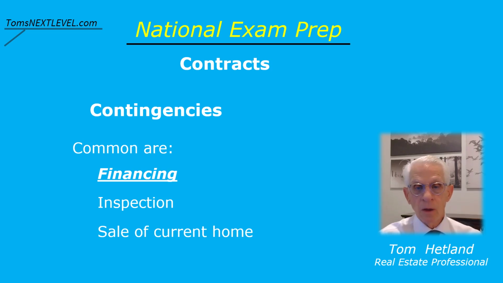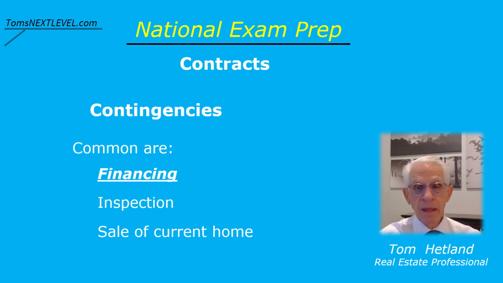Also, I've got financing highlighted there because it is the most often addendum you'll find in a purchase agreement. And that'll be a test question. Which of the following addendums is most common in an offer? The correct answer is going to be financing.